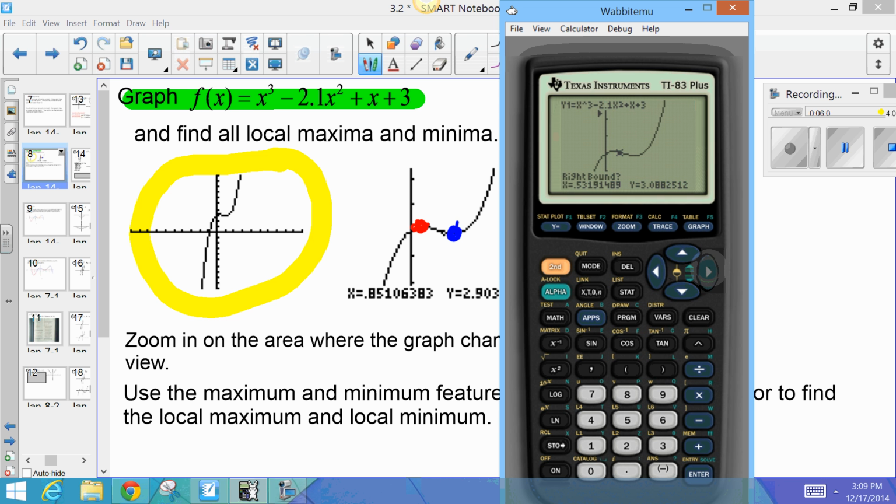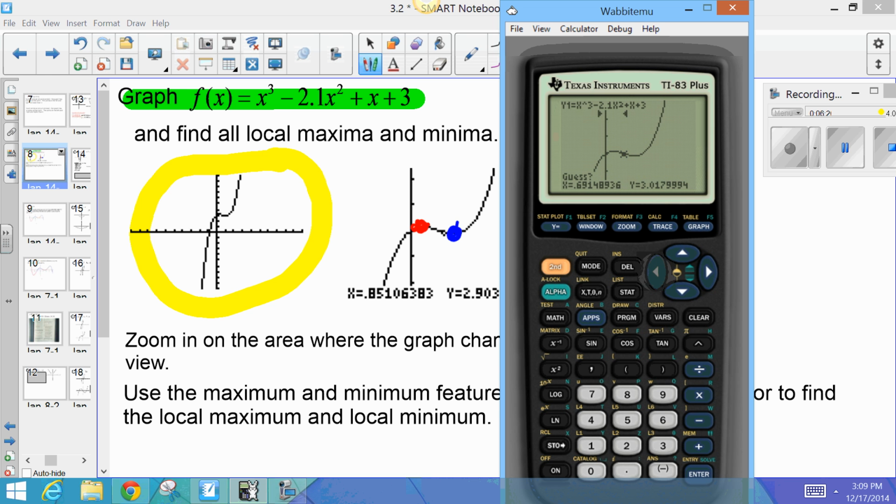I know I'm not patient for stuff like this. Okay, so now it's definitely to the right of that maximum. I'm going to press enter. This is the third question. Now it wants you to guess.